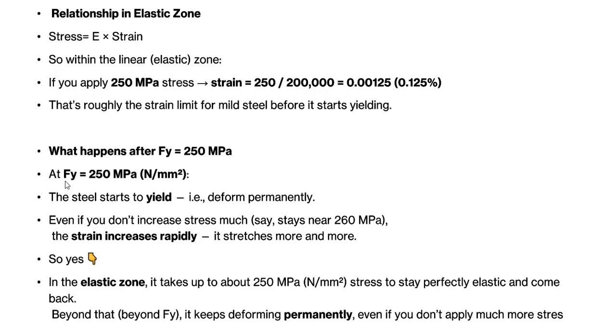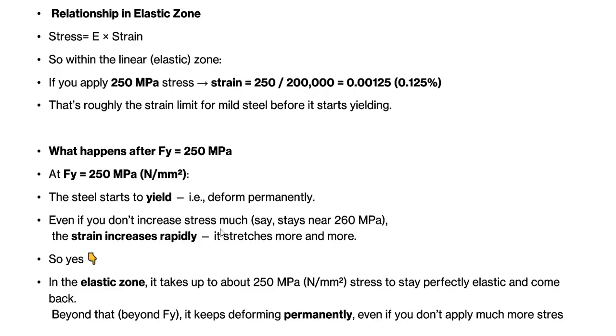Please remember that at Fy equal to 250 Newton per mm square, the steel starts to yield, as we just discussed. Until that, it will get back to the original position. Fy is the strength of the material up to the yield level. Further, the material gets permanent deflection, so it will deform permanently.